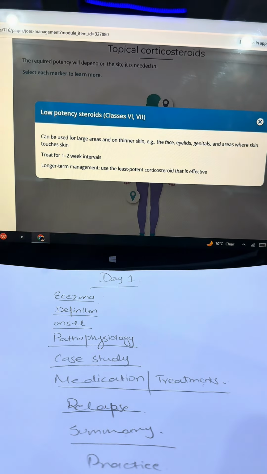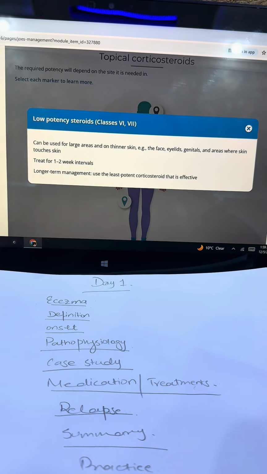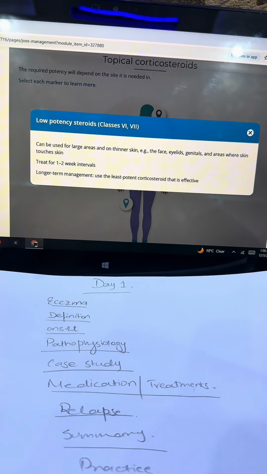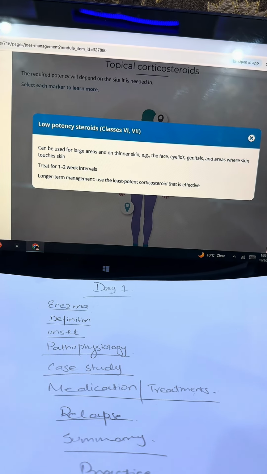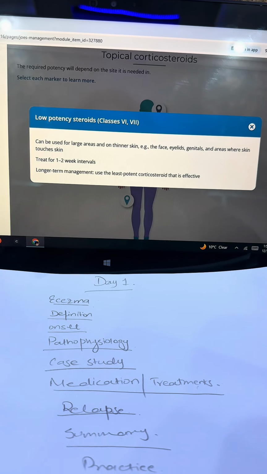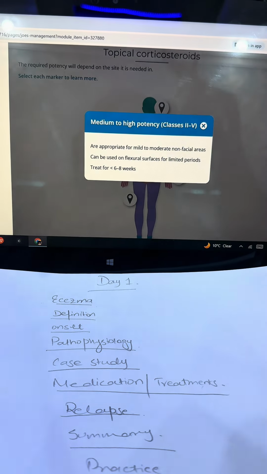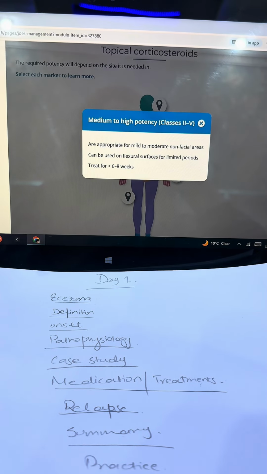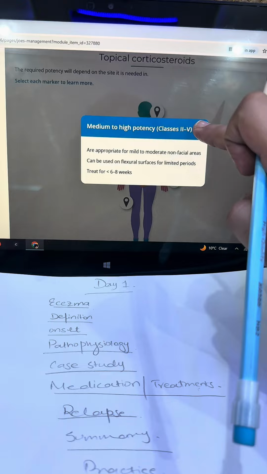The second one, groups 6 and 7, can be applied on the face, eyelids, genitals, and areas where skin touches skin. Treat at 1 to 2 week intervals. For long-term management, use the least potent effective corticosteroid. And the last one is medium to high potency, which can be used for less than 6 to 8 weeks.